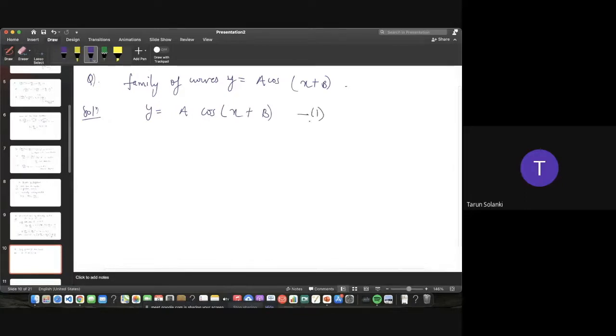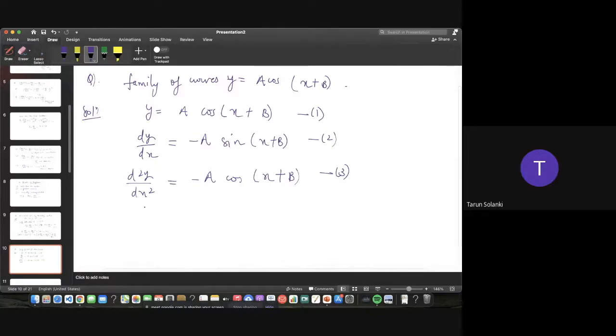This is the first equation. Differentiating, dy/dx equals minus a sin(x plus b). This is the second. Again differentiating, d²y/dx² equals minus a cos(x plus b). This is the third.